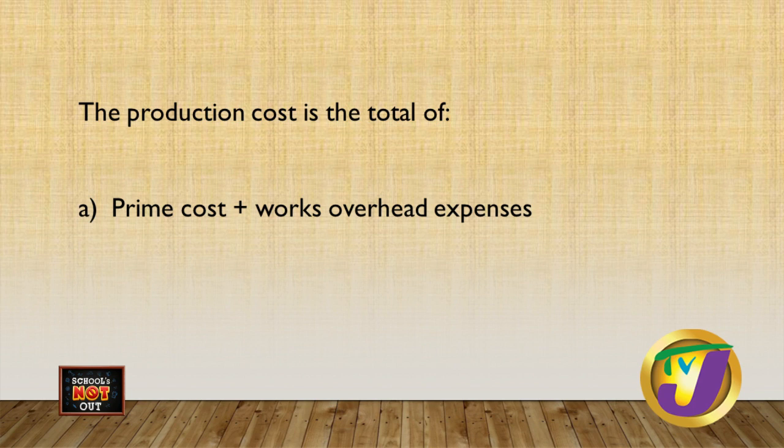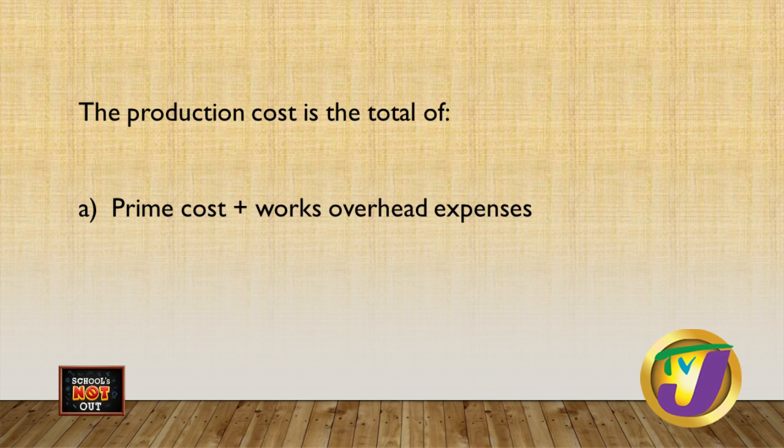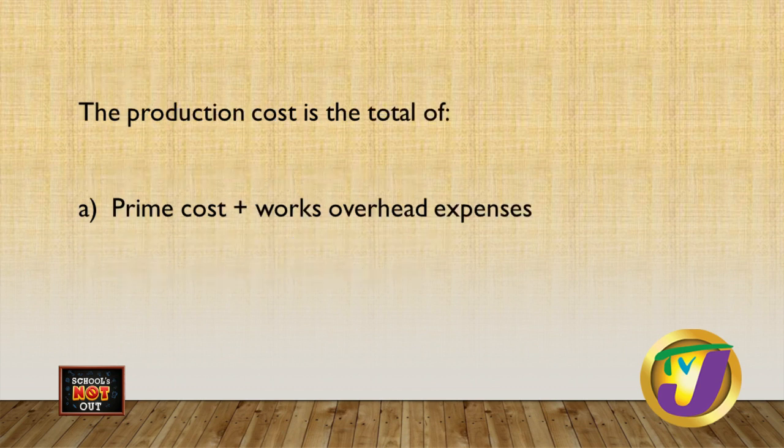Trivia number one: our production cost is A, prime cost plus work overhead expenses, B, direct labor plus direct materials plus direct expenses, C, administrative expenses plus selling expenses, or none of the above. The answer to this question is A, prime cost plus work overhead expenses.